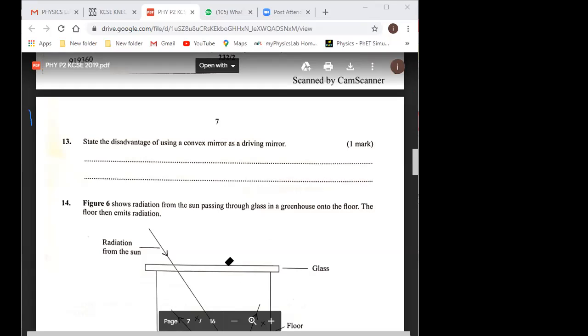The image is inverted? No, convex mirrors do not give an inverted image. The driving mirror in vehicles does not give an inverted image. Objects appear to be nearer. Yes, the object may appear to be nearer than the actual distance, which may tend to confuse the driver. So that is the disadvantage of using a convex mirror as a driving mirror.